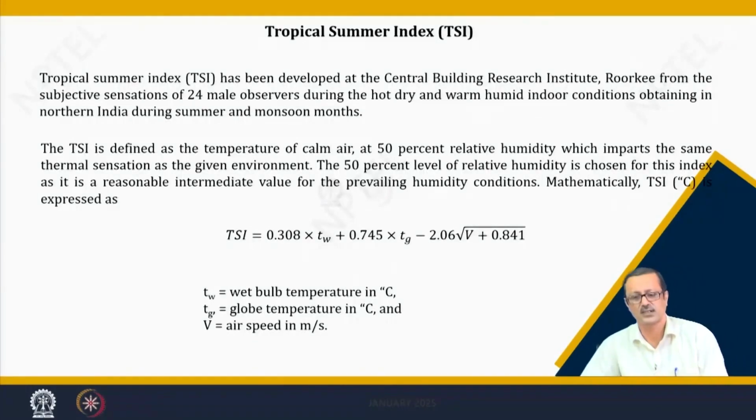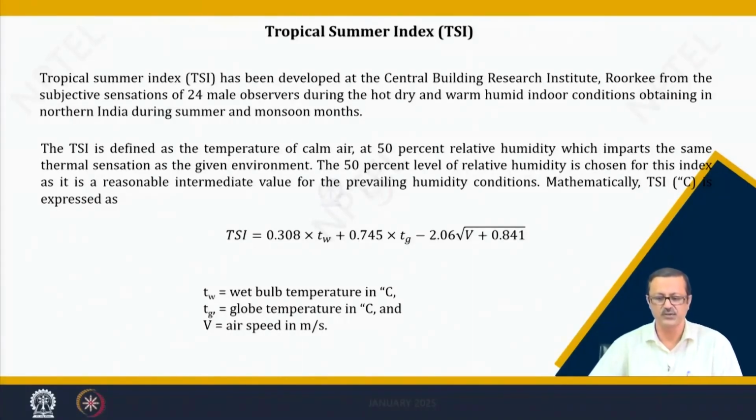There is another scenario given in our SP41, which is called the tropical summer index, also applicable in our country. In the formula, TW is the wet bulb temperature, TG is the globe thermometer temperature, and V is the air speed.